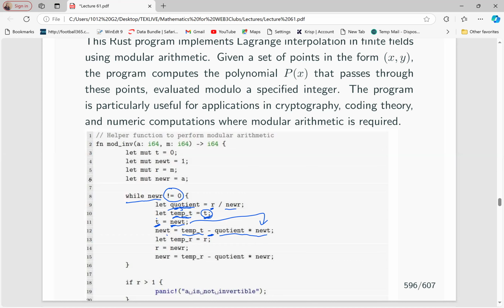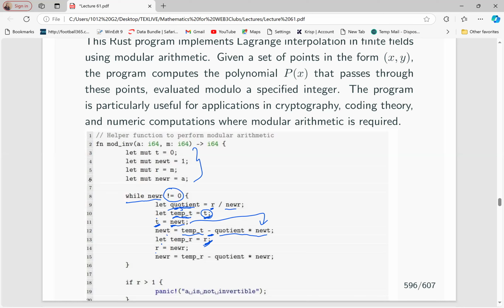Then you let the remainder be temporary, just as we had done before. The remainder be temporary, and we had done the initialization of r at this point.